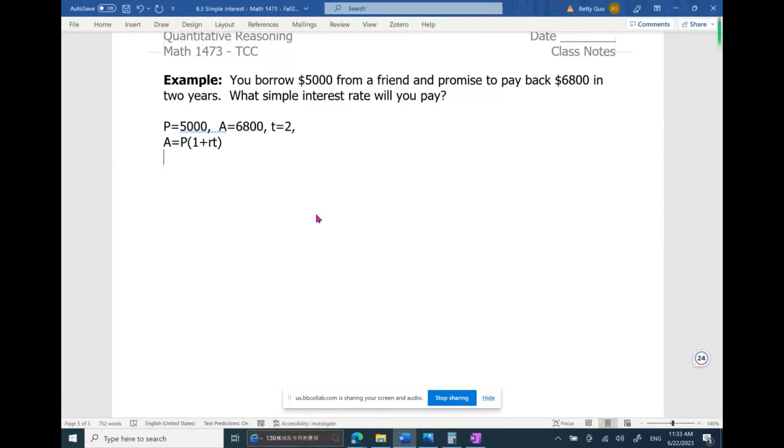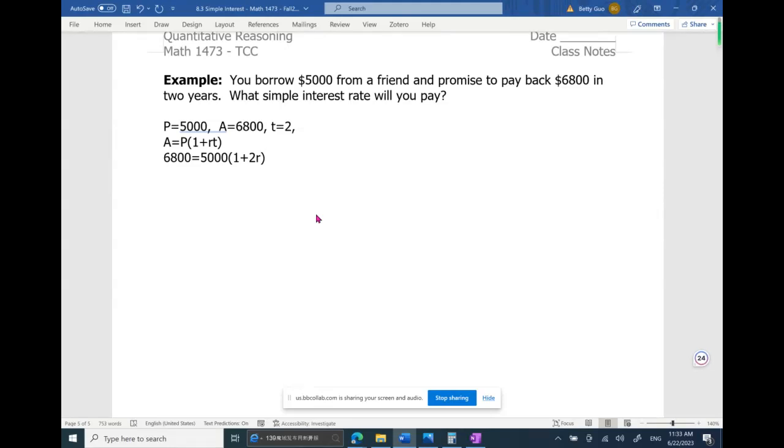A is 6,800. P is 5,000. In the parentheses, you have 1 plus R. R is unknown, so just leave R as R. T is 2, so 2R. And we are going to solve this equation for R.